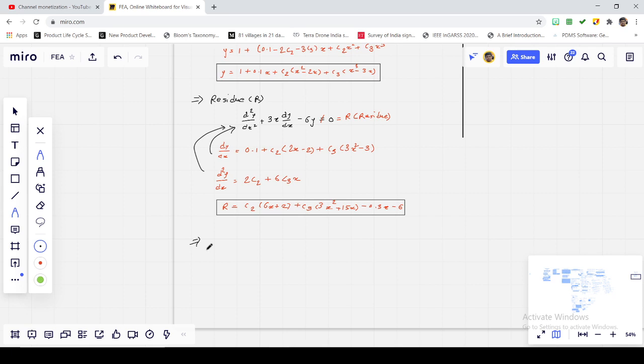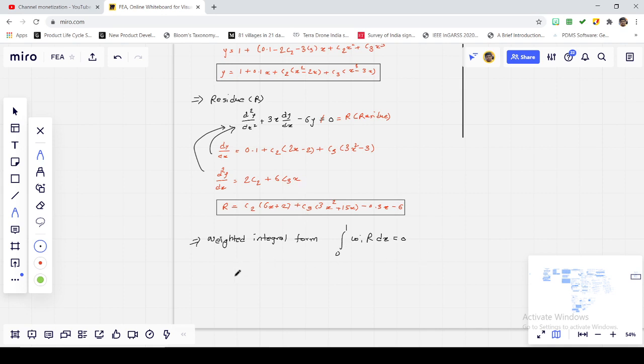Okay, so we need to find the weighted integral. So the third step is about the weighted integral form. The form for the weighted integral is integral 0 to 1 of wi R dx is equal to 0. So R we will be utilizing from the previous step, and this wi will change with respect to the method which we are implementing. It will be Galerkin, Petrov-Galerkin, subdomain, least square, point collocation, any of the methods.